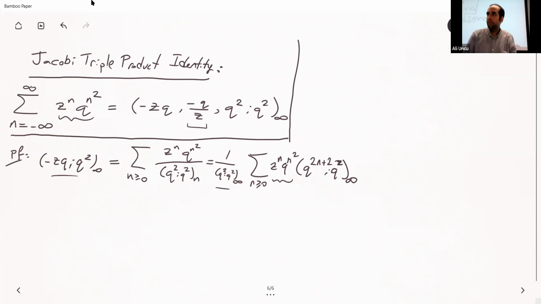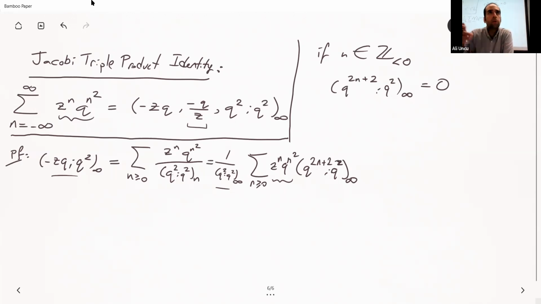If n is a negative integer, I'll make this claim: (q^(2n+2); q^2)_infinity is always 0. Are you okay with that? Let's say n is negative 10. So I end up getting (q^(-20); q^2)_infinity. It says I start with 1 minus q^(-20), and I take steps of 2, adding 2 at each step.